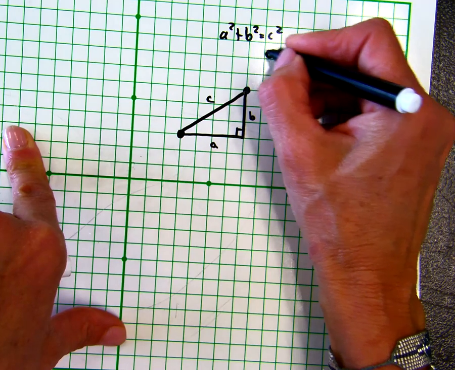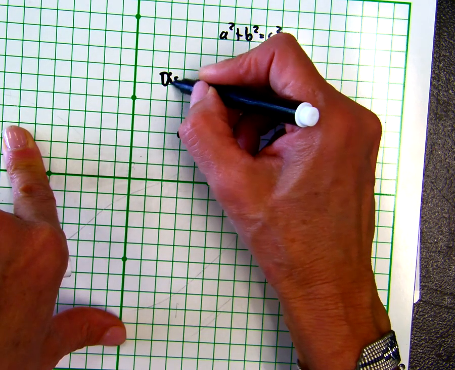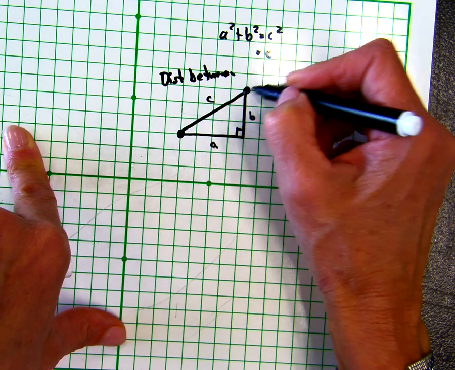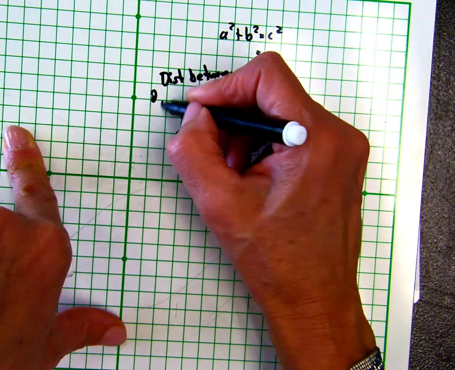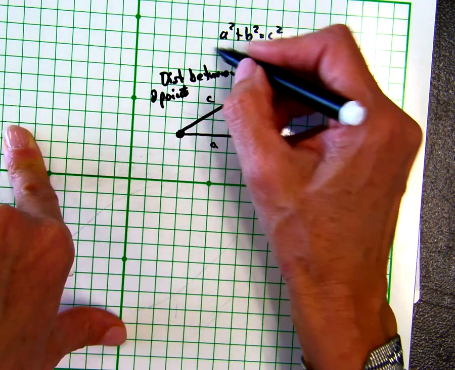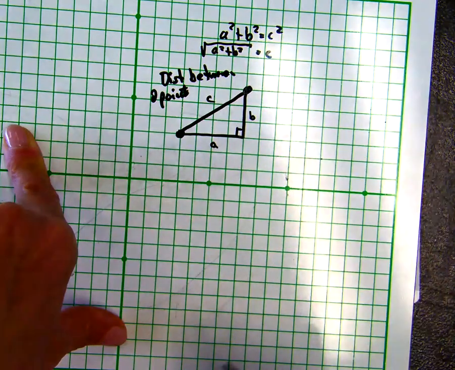So if I wanted to find C, the length of this line, which is the distance between these 2 points, then that distance would be the square root of a squared plus b squared.